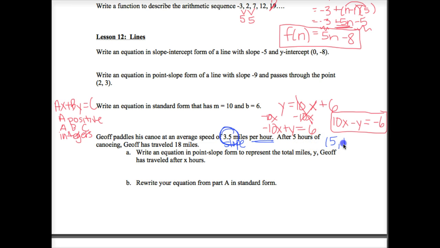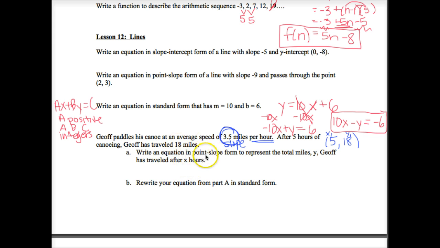That's giving you an ordered pair, an x that goes with a y. So this is my x1 and this is my y1. So this information gave me a point and a slope. That means the equation form that makes the most sense to use is point-slope form.